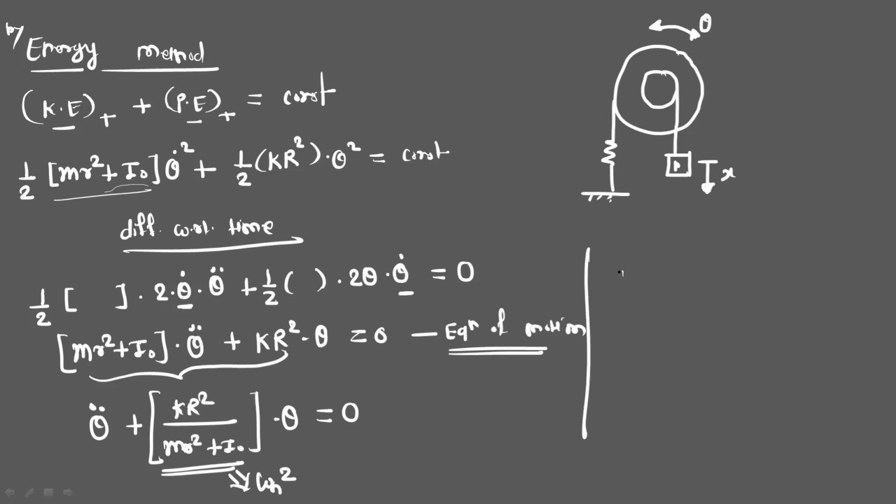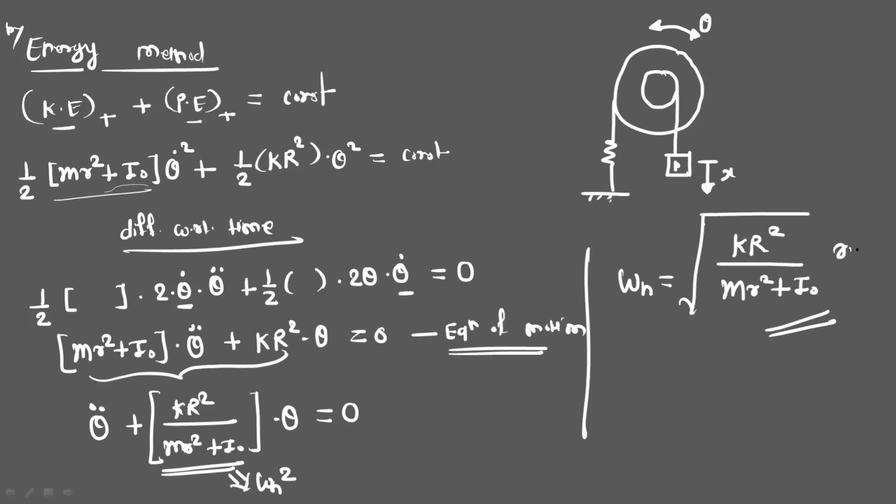So from this, we will get omega n equal to the square root of k r squared upon (m r squared plus I0). Okay. So this natural frequency, its unit will be rad per second.